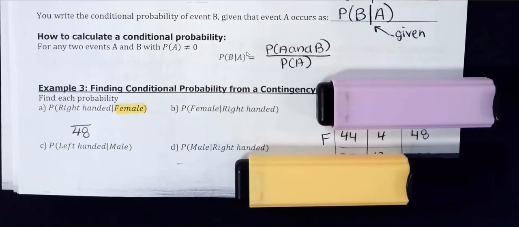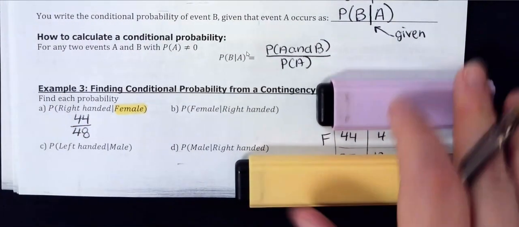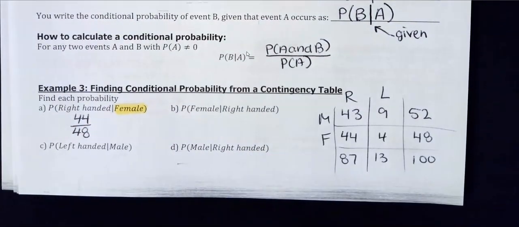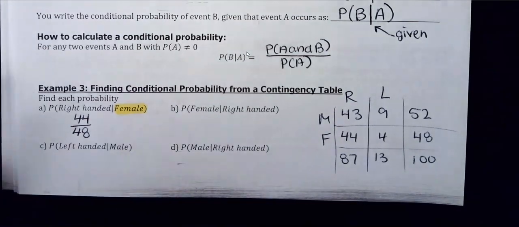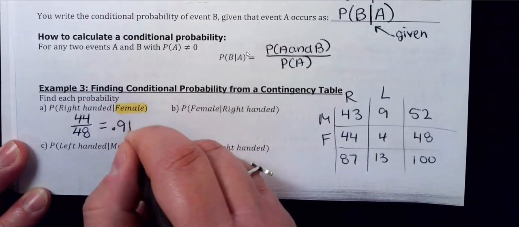So the probability I picked a right-handed person given that they were female would be 44 out of 48. So just divide that. I'm going to go 3 decimal places. So it's about 0.917.